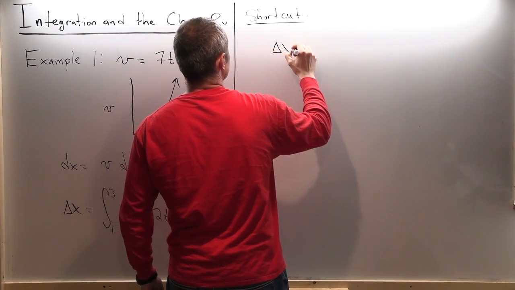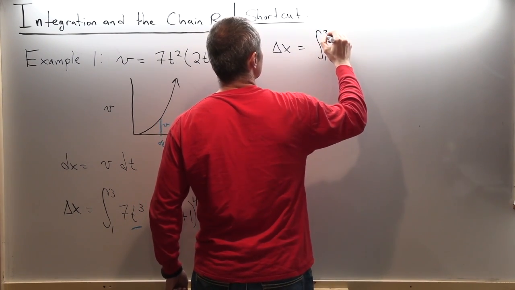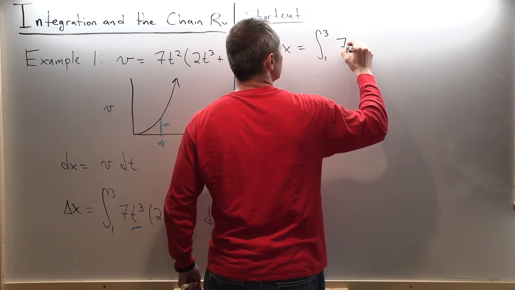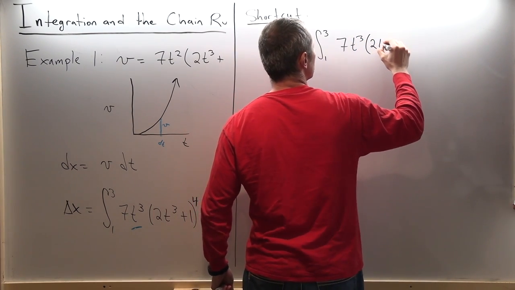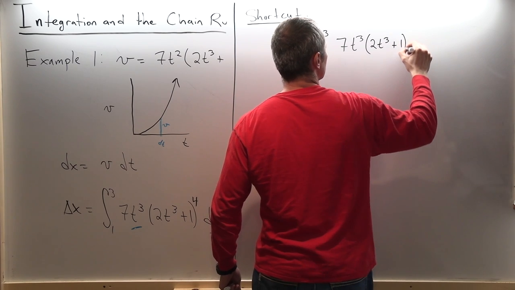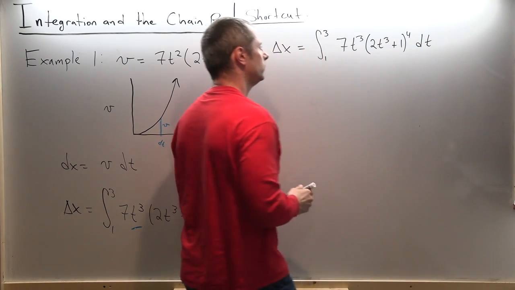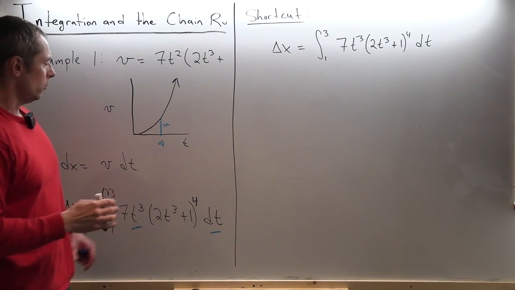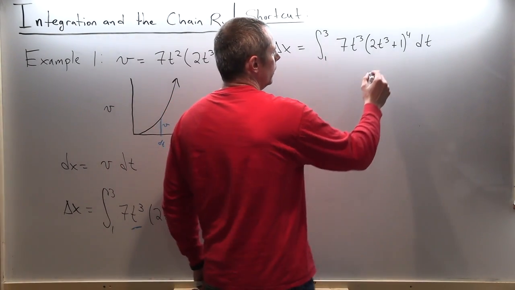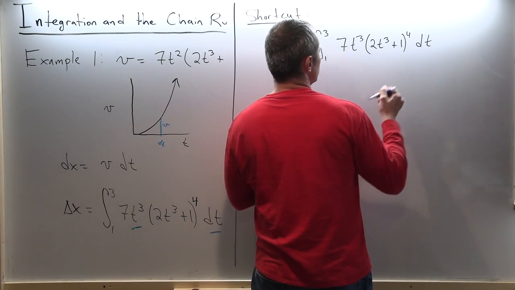Delta x equals the integral from 1 to 3 seconds. So rather than do a u substitution, what I'm going to do is take the derivative of what's inside the parentheses here.